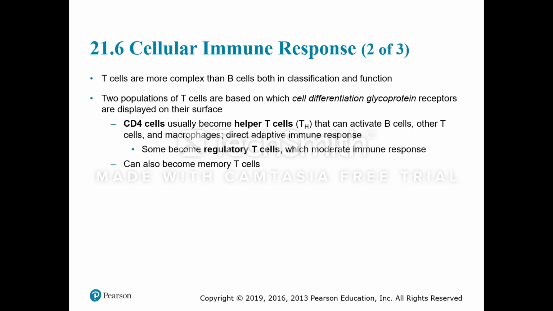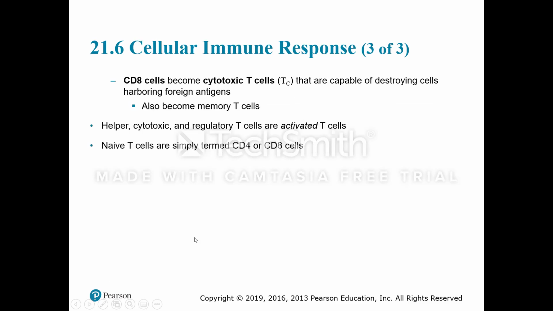The first one is the CD4 cells, and usually they become the helper T cells and the regulatory T cells. The other one is called the CD8 cells, and they become the cytotoxic T cells. These are the ones capable of destroying cells that carry the foreign antigen. These are also the ones that become the memory T cells.